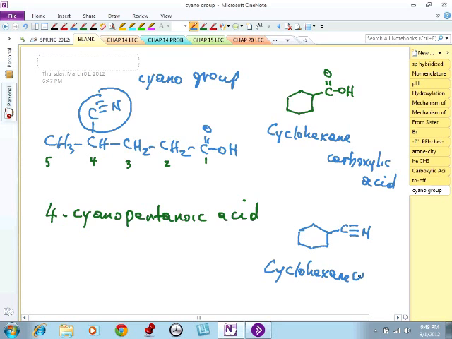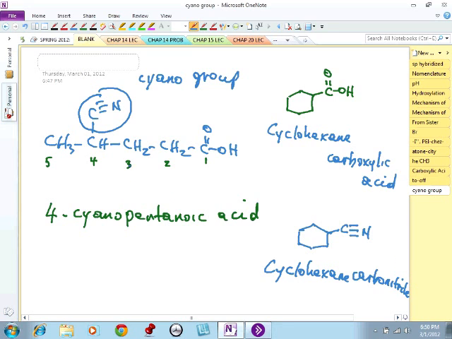Cyclohexane, then you say carbonitrile. If it is attached to the ring, it is called carbonitrile.